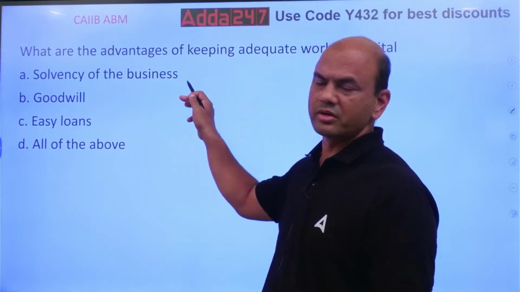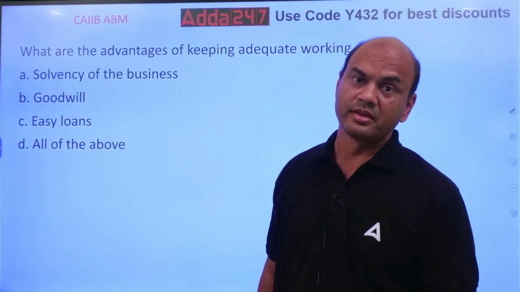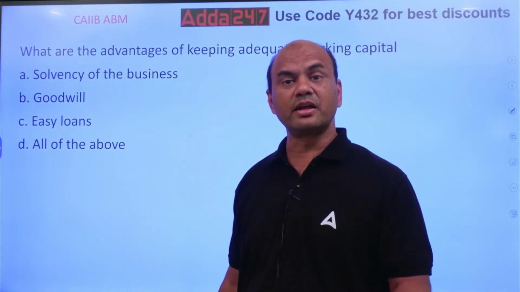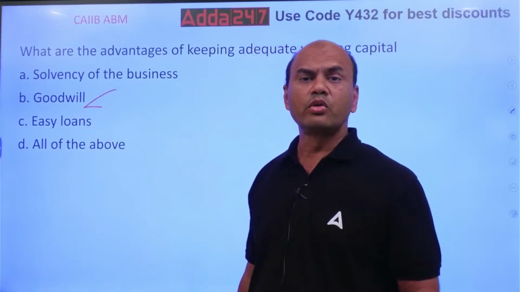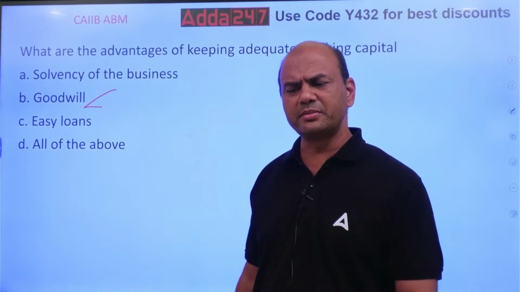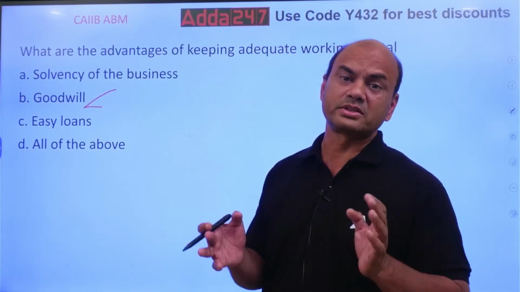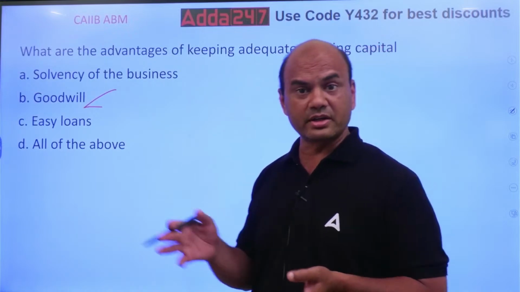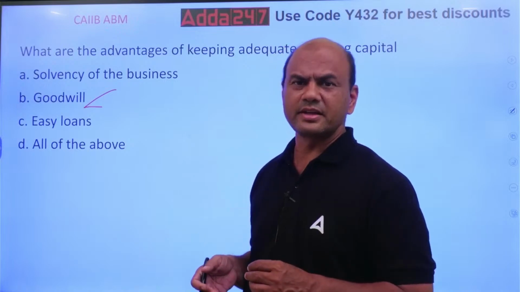If I am having good solvency, it means what? I am paying my suppliers on time. I am paying my electricity bills on time. So what will happen? My goodwill will be established. Goodwill means what? What is goodwill in any business? When you pay your suppliers on time, when your products are very good, even the customer accepts it, then you have a goodwill, isn't it?